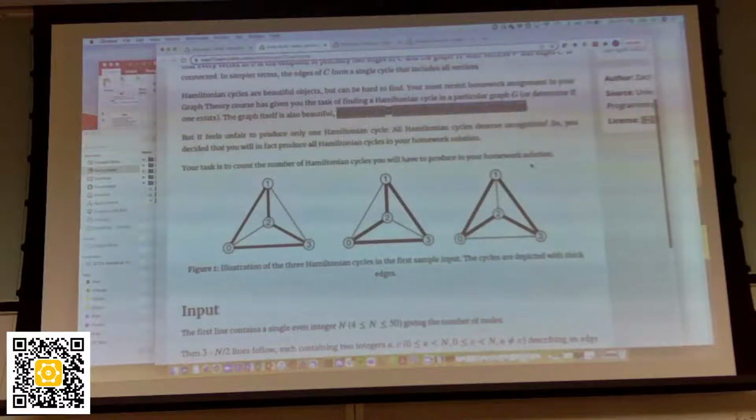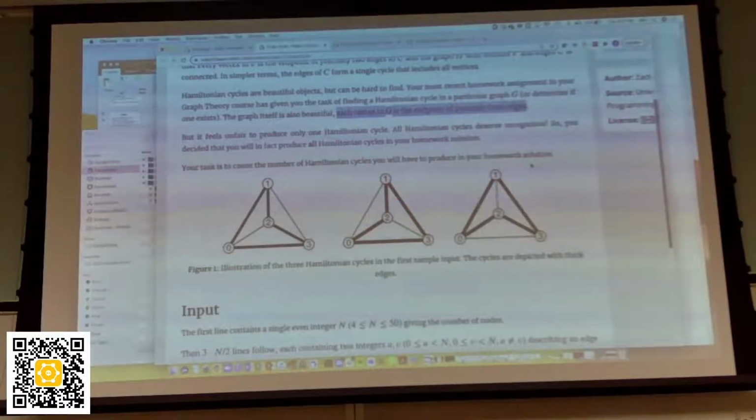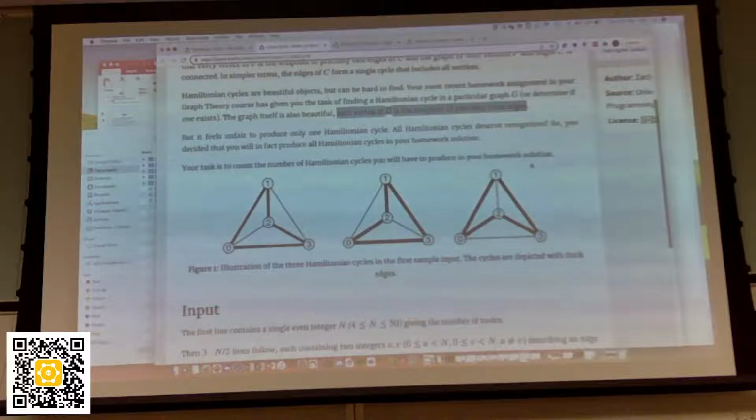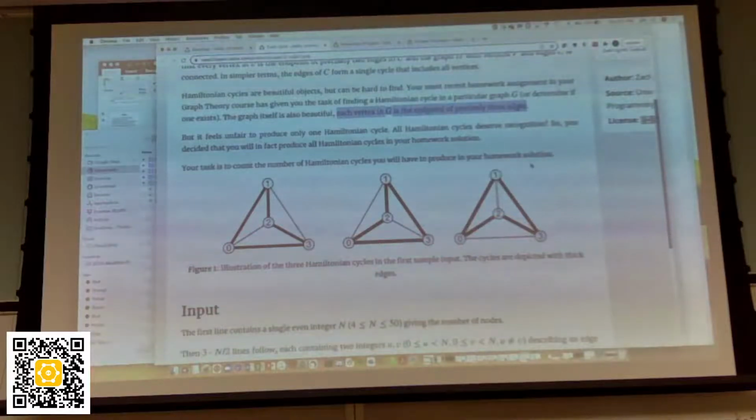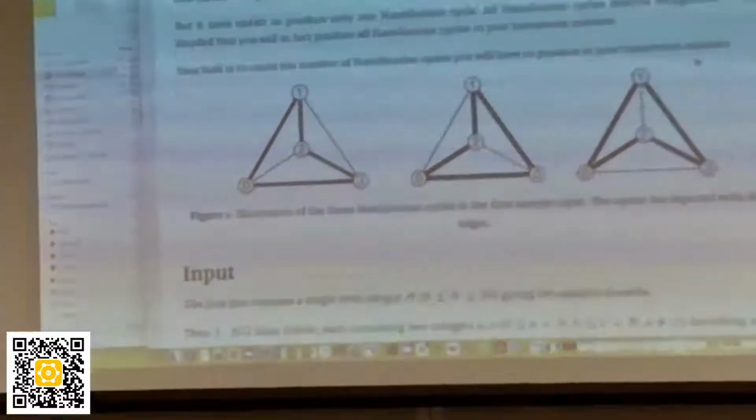So we've taken care of 2 already. You can only have 1 more. So let's say I connect this to this. Now each vertex has exactly 3 neighbors. So let's give them all numbers.